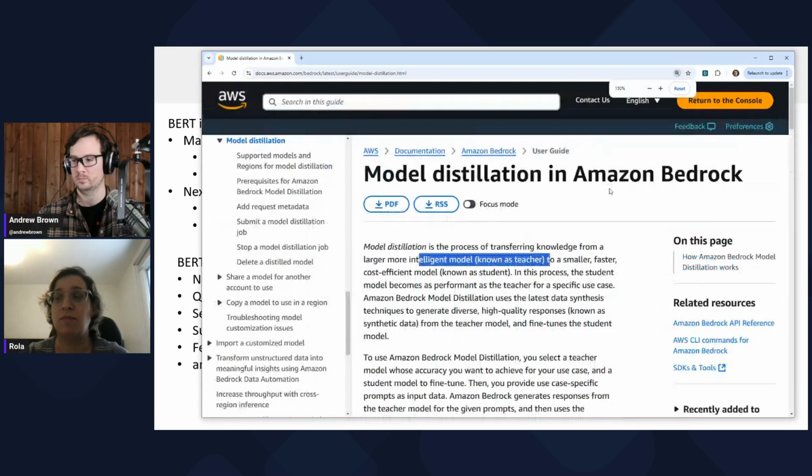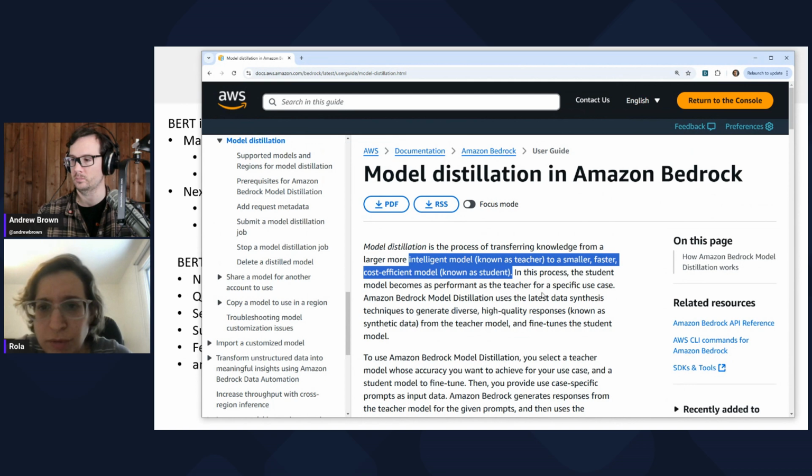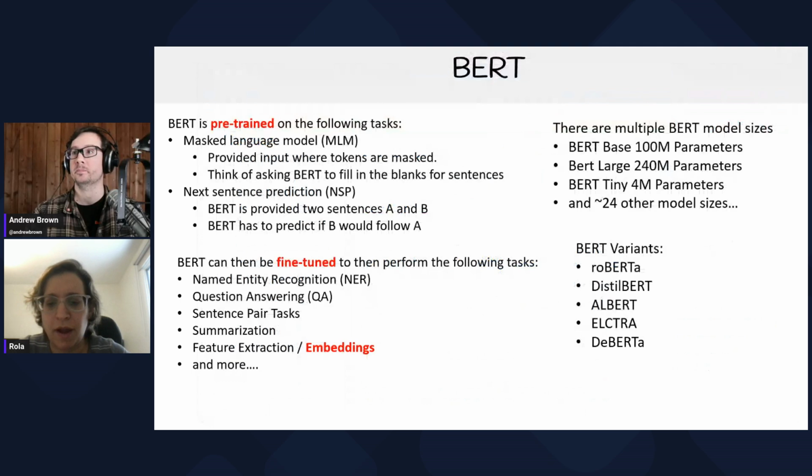These models can be really big, right? They're fairly huge. And a huge model means more latency, more resources, more cost.